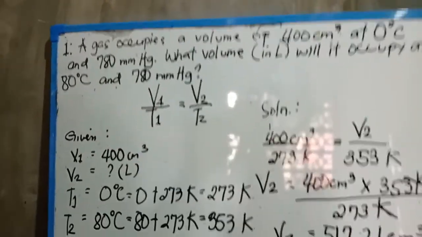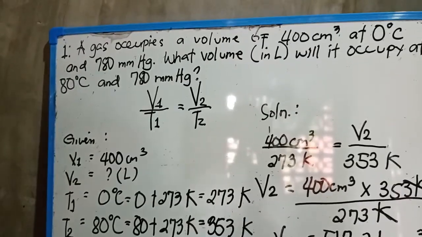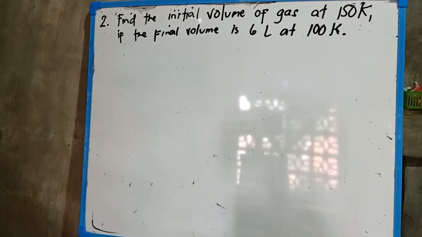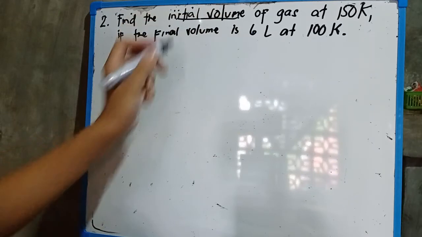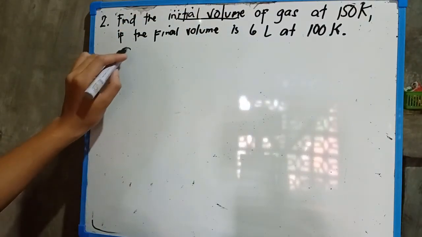So, we're going to solve for example number 2. As you can see, it is very easy because our volume is already in liters and our temperature is already in Kelvin, so there's no need to convert Celsius to Kelvin. All we have to do is write the given and find the initial volume.